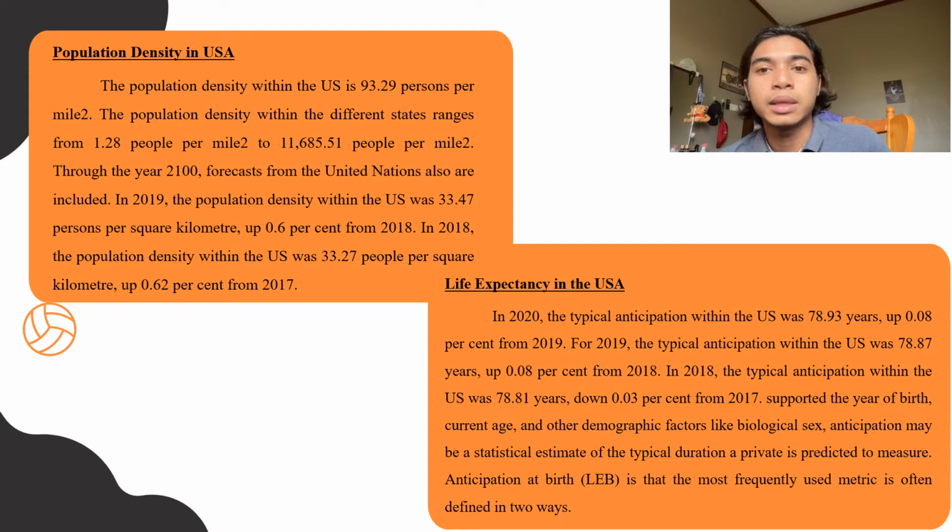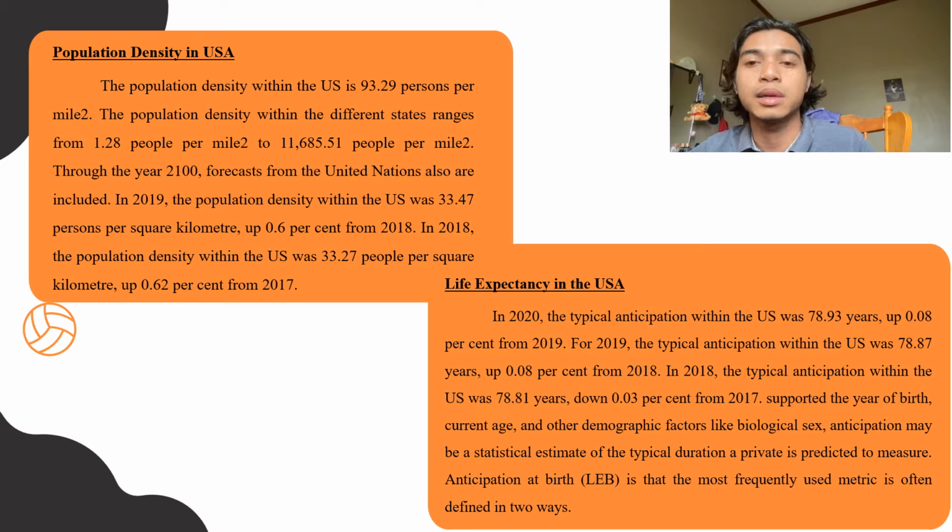In 2018, the population density within the US was 33.27 people per square kilometer, up 0.62% from 2017. So the last one is life expectancy in the USA.